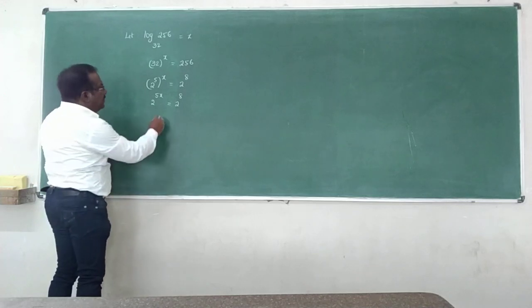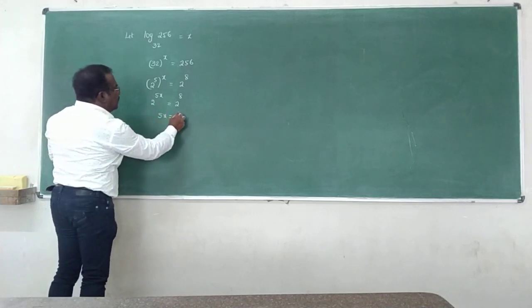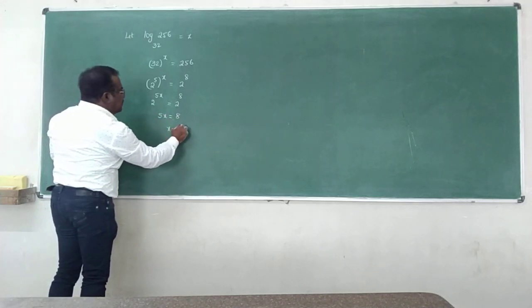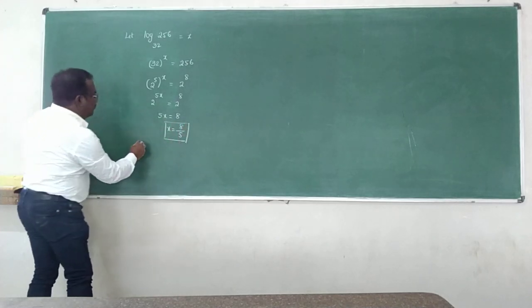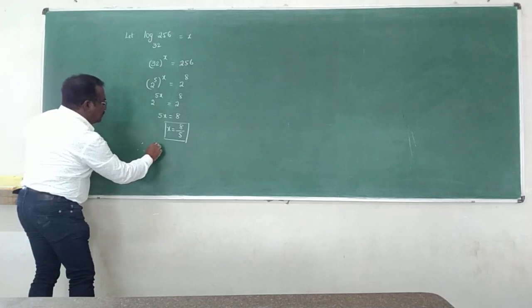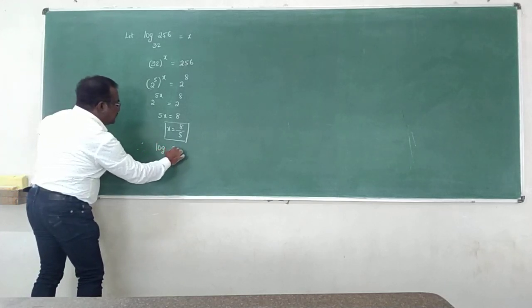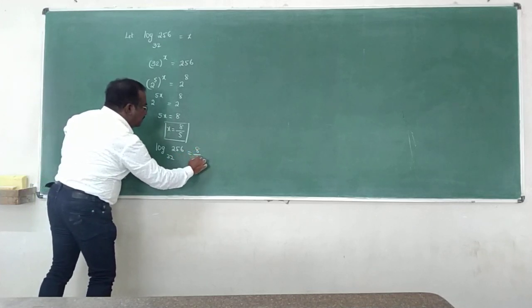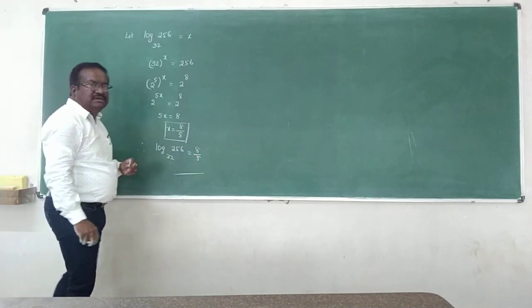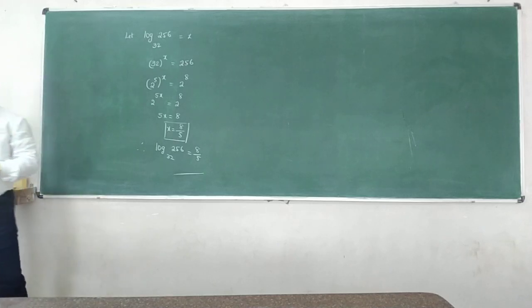Bases are equal, children. We can make the powers equal. 5x is equal to 8. x is equal to 8 by 5. Therefore, log 256 base 32 is equal to 8 by 5. This is the answer. Note down, children.